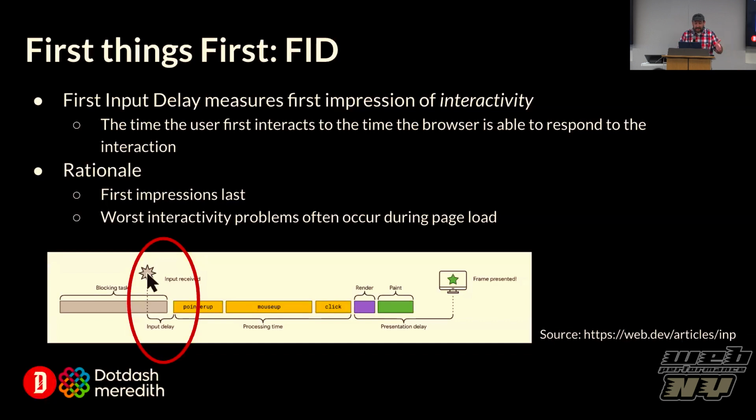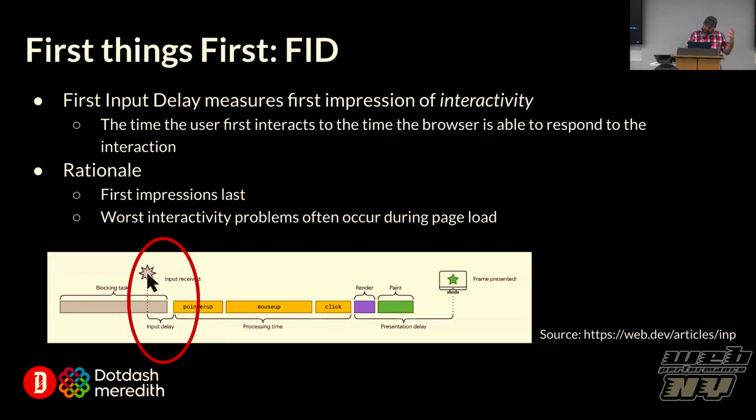It's the time between the user first interacting, clicking or doing something so that an event fires, and the time the browser is able to respond to that interaction, the delta between the click and the main thread being idle again.